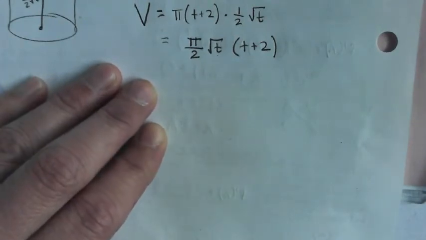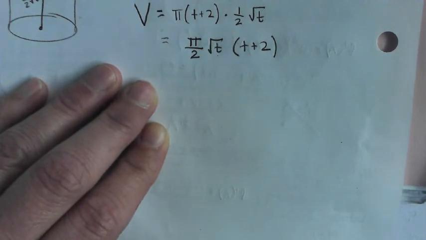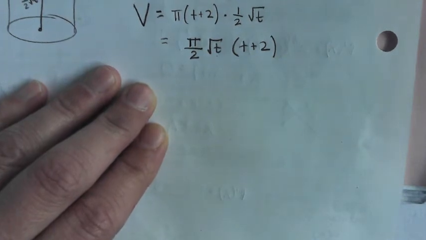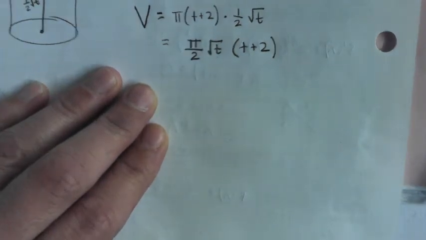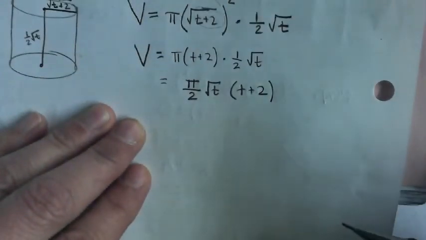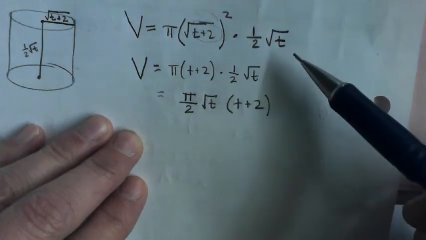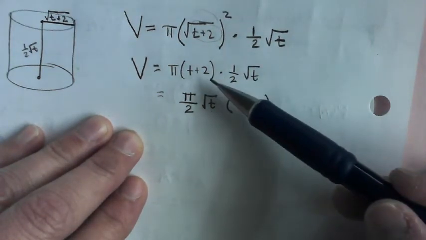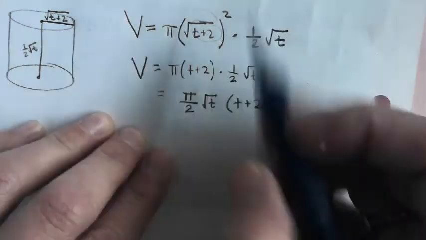Would you like to do the product rule, or would you like to distribute? You want the pi over 2 inside? You can.